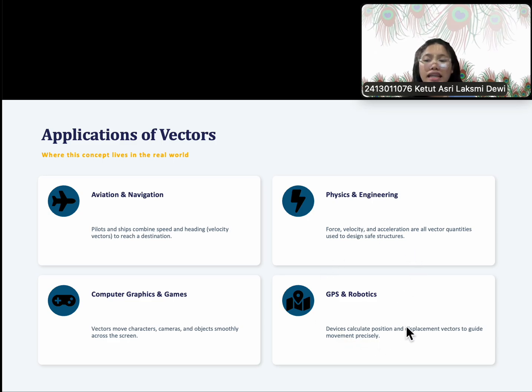And fourth, in GPS and robotics, vectors help a device calculate position and movement accurately. So, can you think of another example from your own daily life where a vector might be hiding?